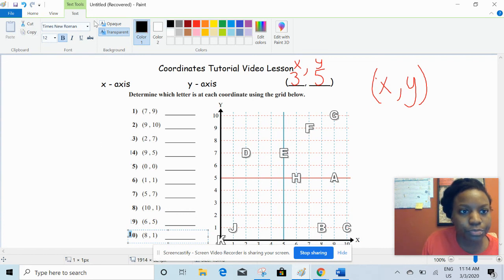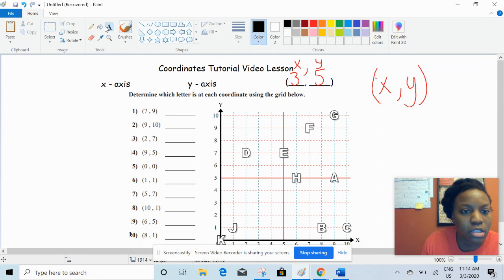All right, so now that we have that all taken care of, we can move on to what we need to do next, and that is continuing our learning process.